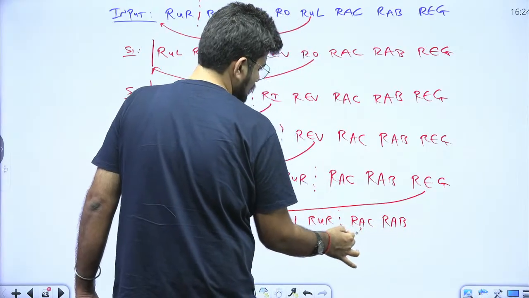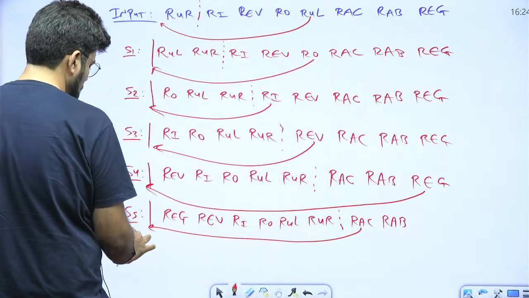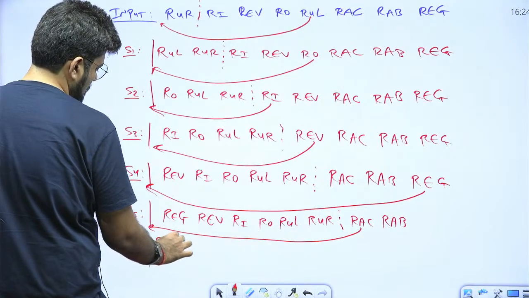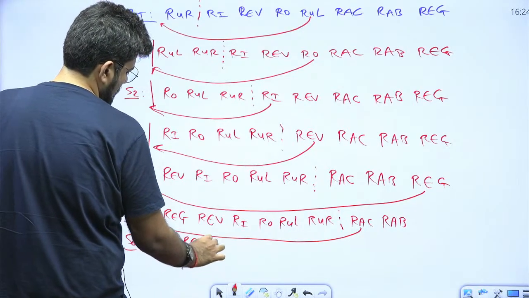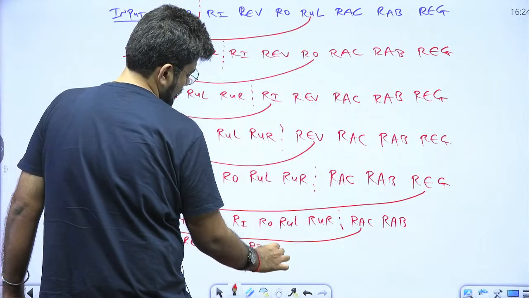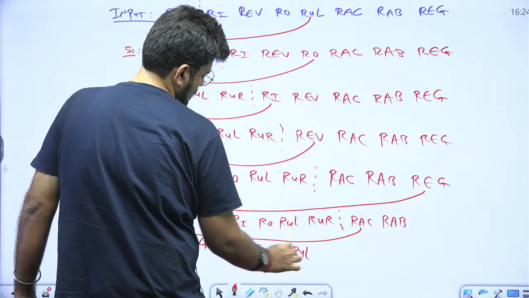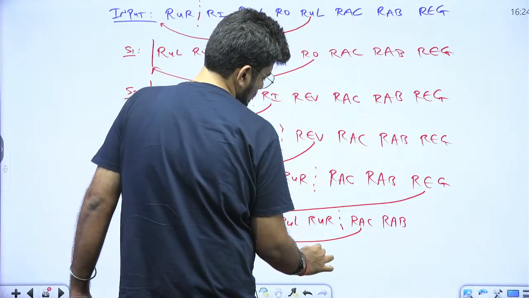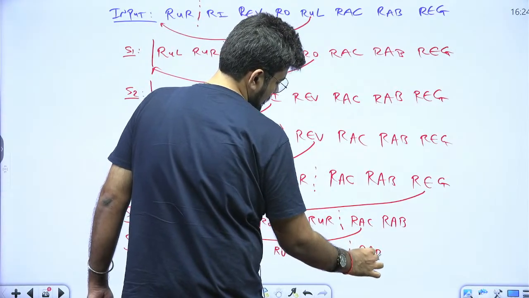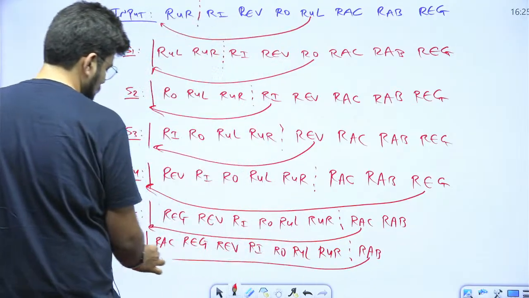Next is RAC, which is going to come in front. And in the end, we have RAB which is going to come in front.